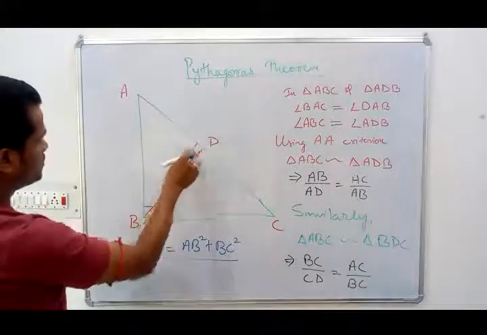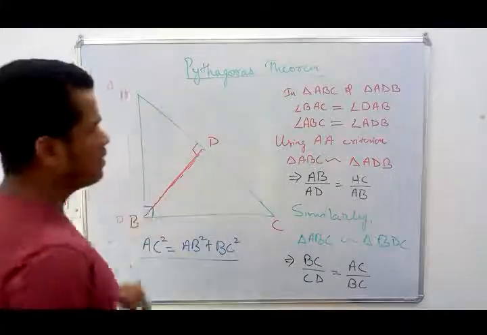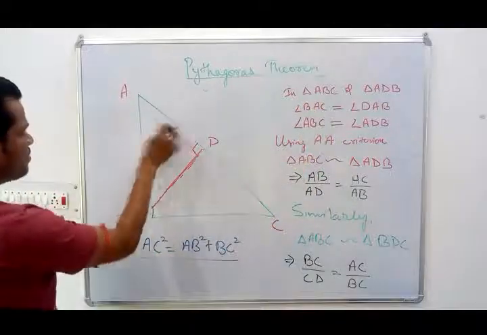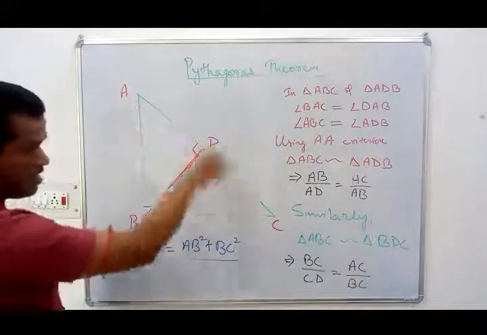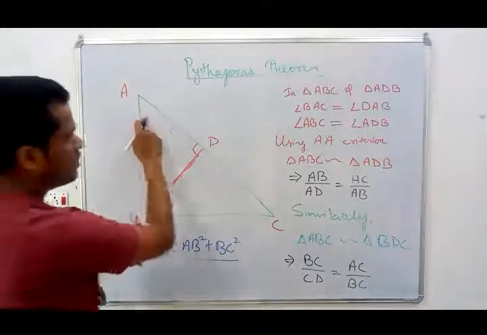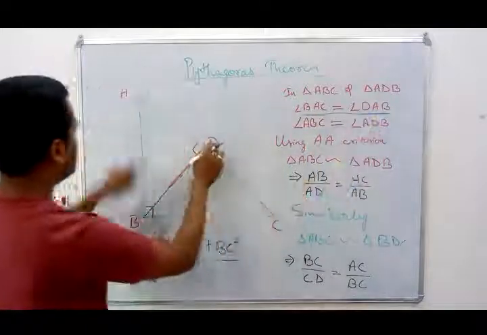Now if you compare these two triangles, the larger one and this smaller one, can we say angle BAC in this large triangle is equal to angle DAB?